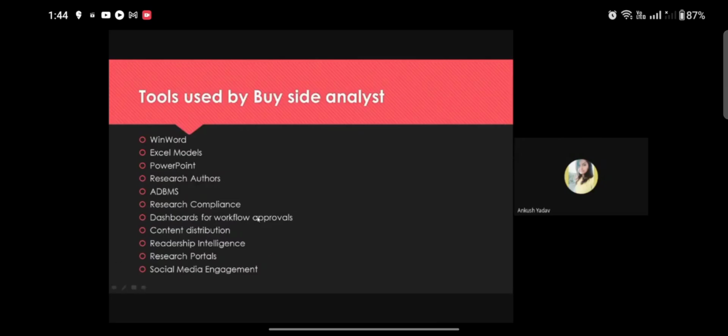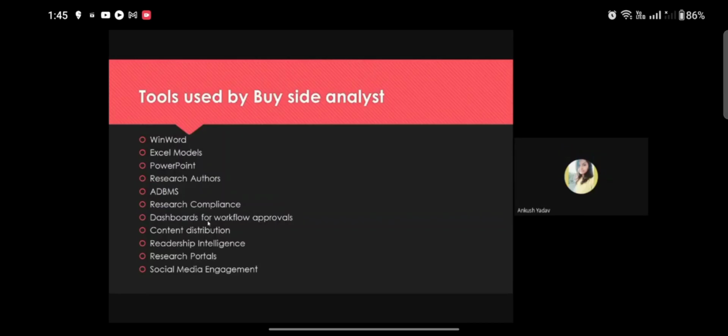Then after creating the report, the analyst will submit the report and it will go to the workflow approvals in the dashboard. So I'm an analyst, I have submitted the report, and it will go to the senior analyst. He or she can either approve the report or roll it back to me, so they can either approve or reject. Once all the stage approvals happen, the report will go to the distribution phase.